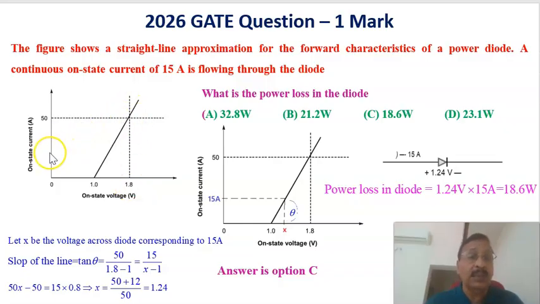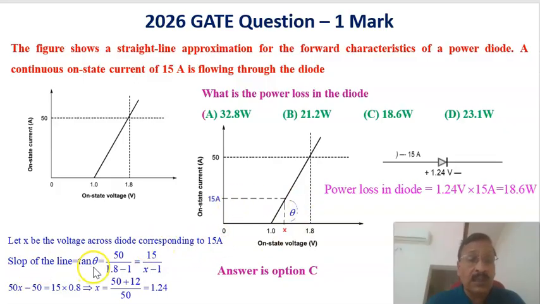Now corresponding to 15 amperes through the diode, let us see what is the voltage drop across the power diode. I am marking it as X. Now if you write the slope of this line, that is tan theta, let X be the voltage across the diode corresponding to 15 amperes.